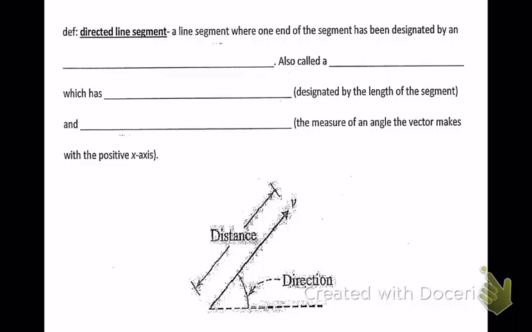Directed line segment. A line segment where one end of the segment has been designated by an arrowhead, also called a vector.